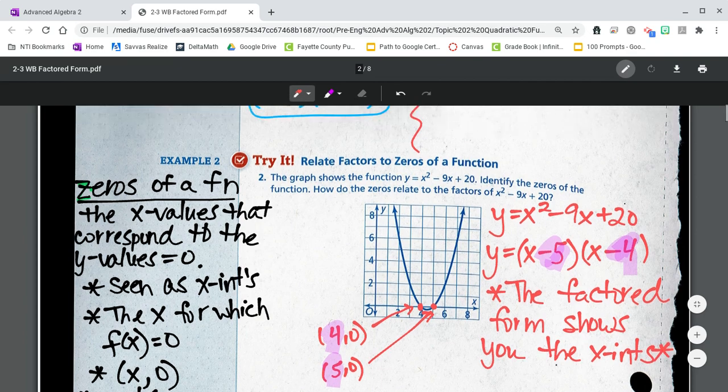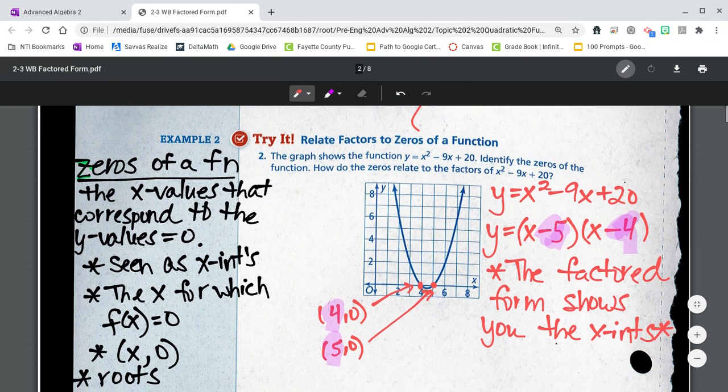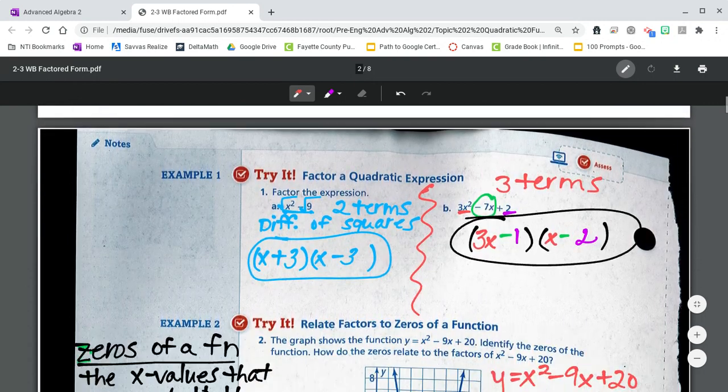So I think it would be helpful if at the top of your notes that was listed instead of kind of hidden. So by example 1, let's make a space that says factored form.